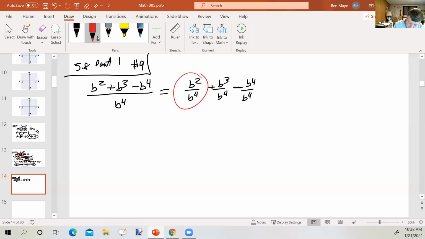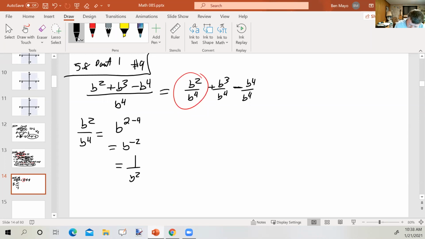All right, let's take a look at the first one. B squared over b to the 4th power. So that's going to become b to the top exponent minus the bottom exponent, which is b to the negative 2 power. But writing that using positive exponents, we would get 1 over b squared.